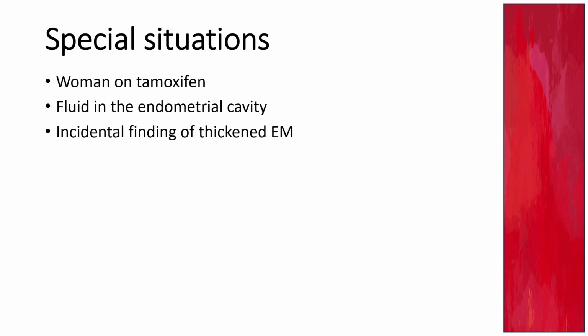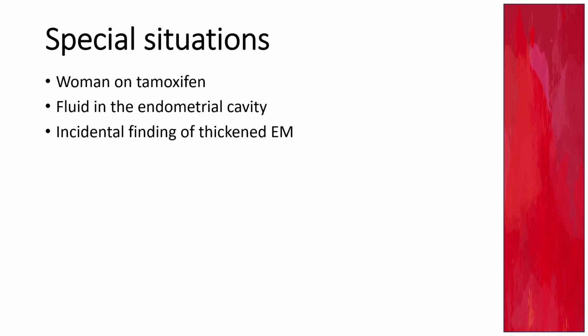In this context, we may discuss some special situations which we may come across while evaluating a menopausal woman. Women who have a history of breast cancer may be put on tamoxifen prophylaxis. Tamoxifen is a selective estrogen receptor modulator.